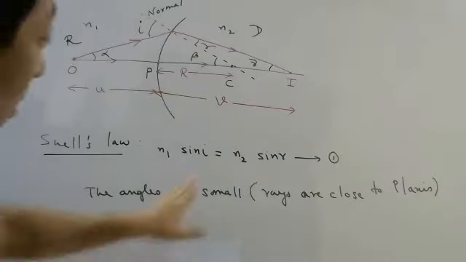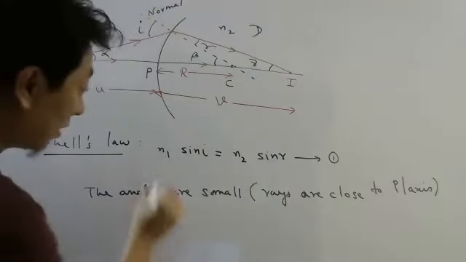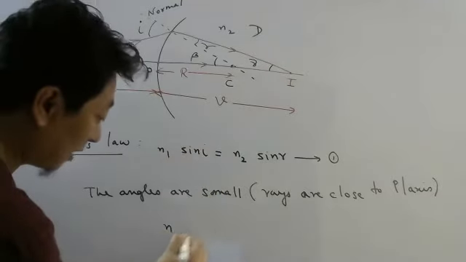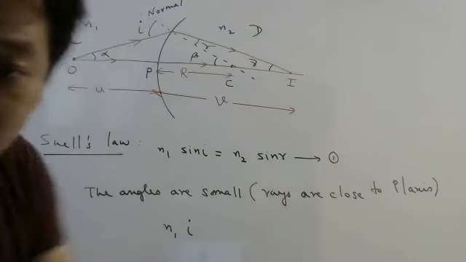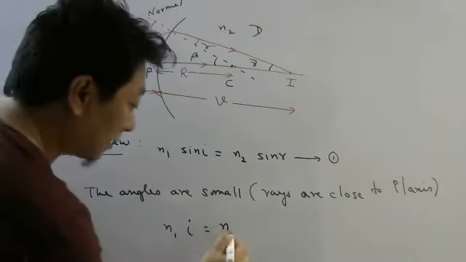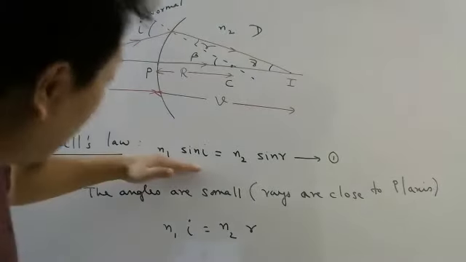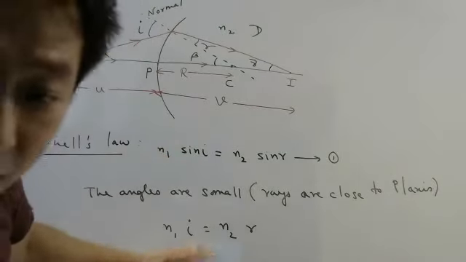In that case, all my angles will be very small. So since angles are small, sin I can be replaced by simply I, because I told you sin theta can be written as theta. And sin R can be replaced by R. Okay. So after this, you have to immediately assume this and then start writing this one.